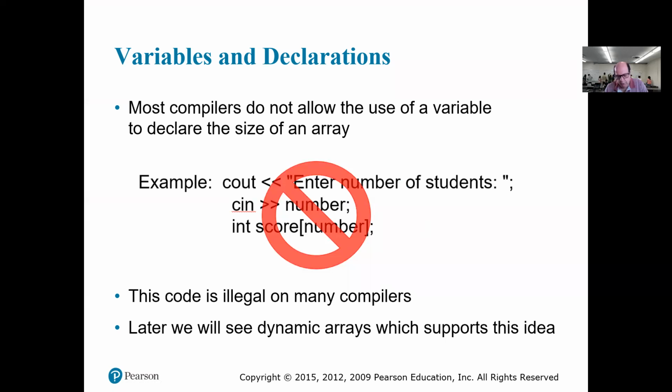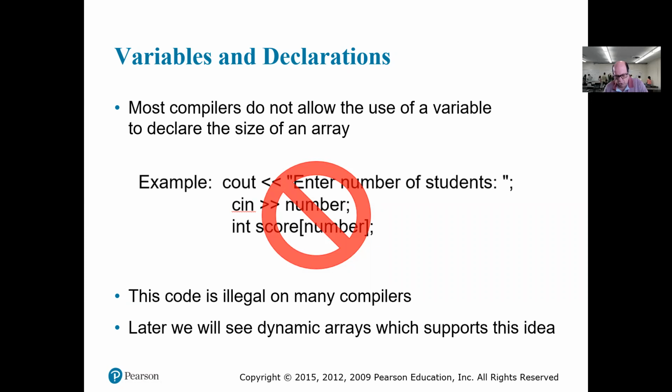A lot of new compilers are letting you do that, but that's not acceptable for all the compilers. And when we're writing the program, we want to be sure it's going to be compiled and run on different machines. Remember, for C++, for it to work, you have to compile it on that specific platform. So if you have a 32-bit machine and you go to a 64-bit machine, you have to compile it again.